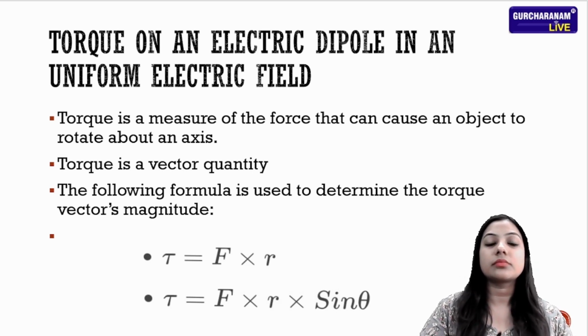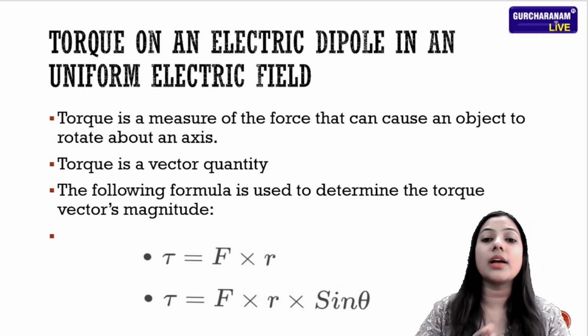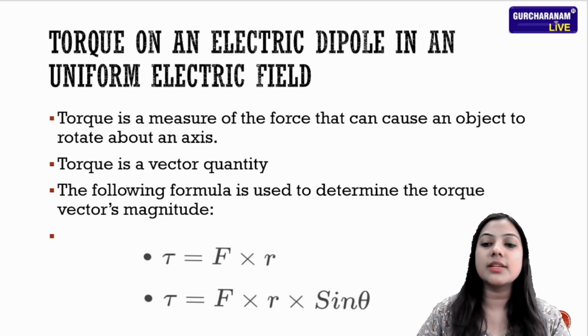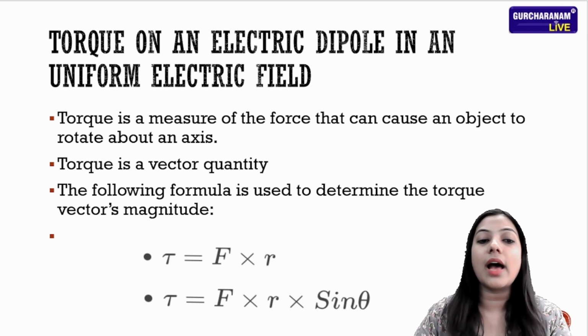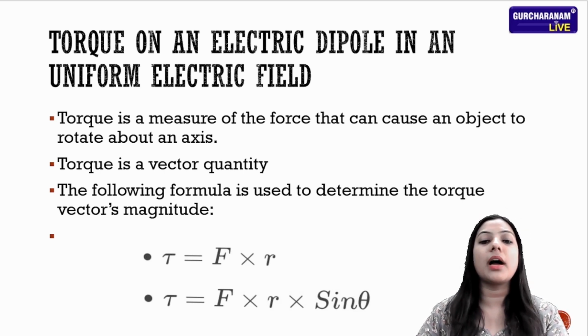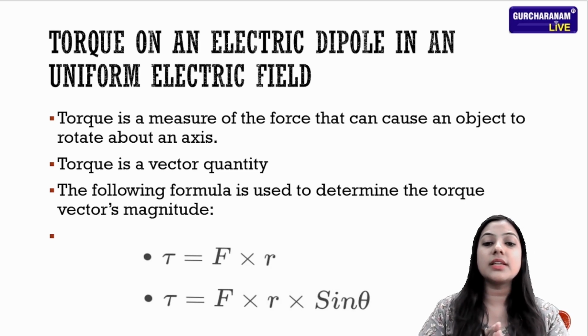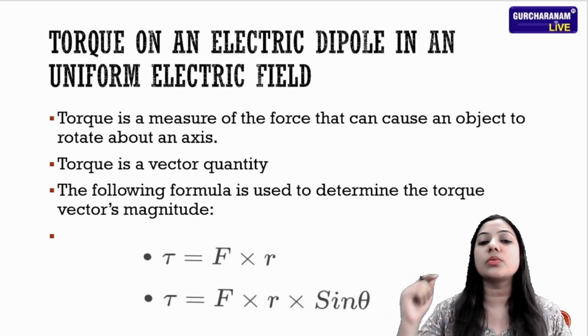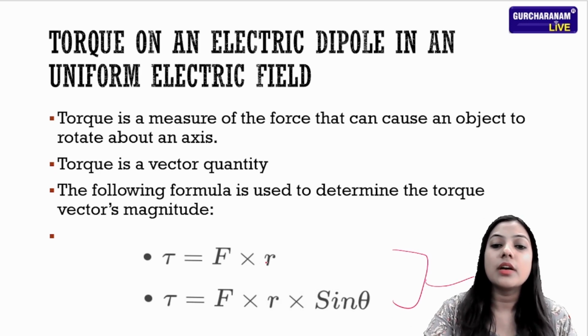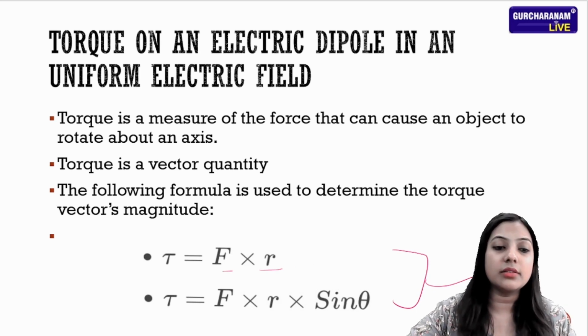The following formula is used to determine the magnitude of the torque vector: T is equal to F multiplied by R. So torque is equal to F into R into sin theta. These two are the basic formulas of torque. F means force and R means position vector.